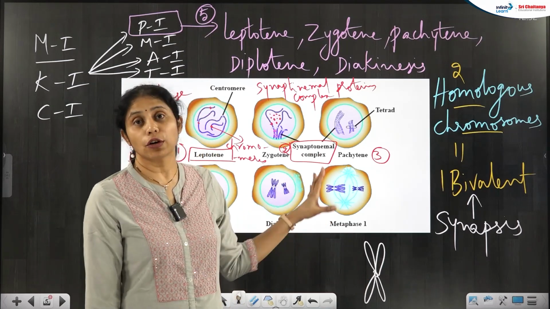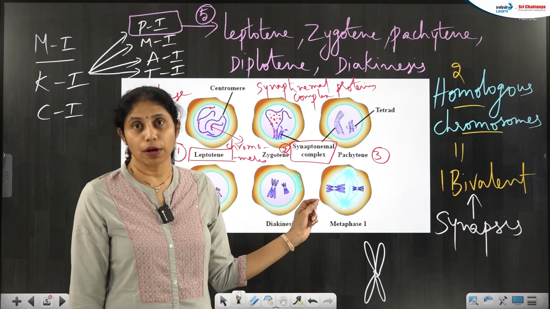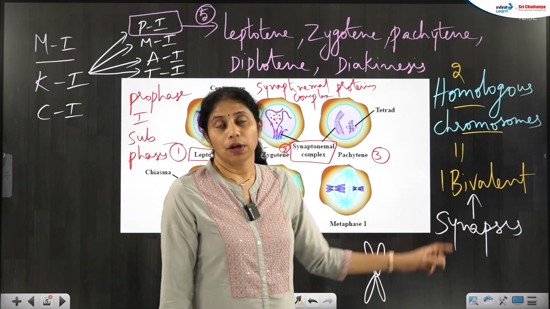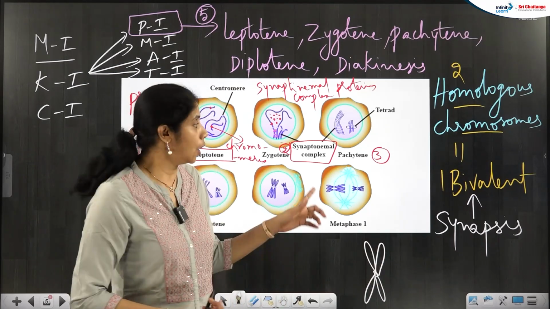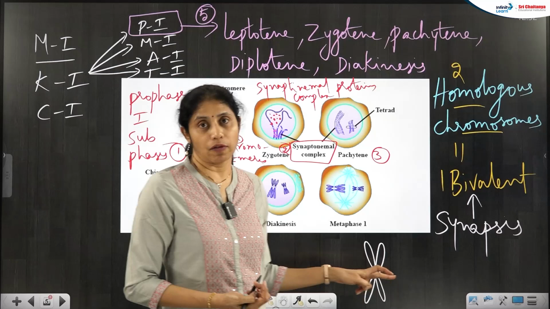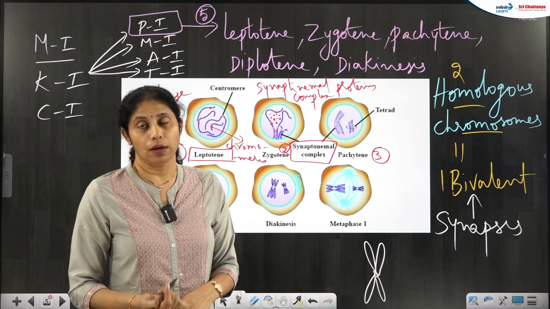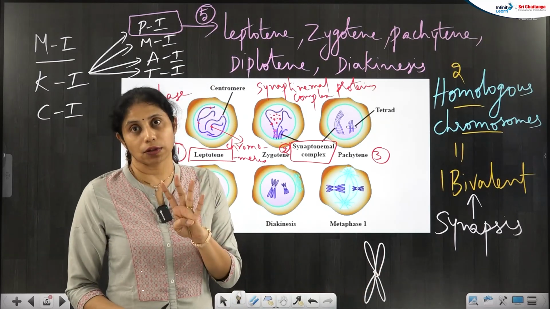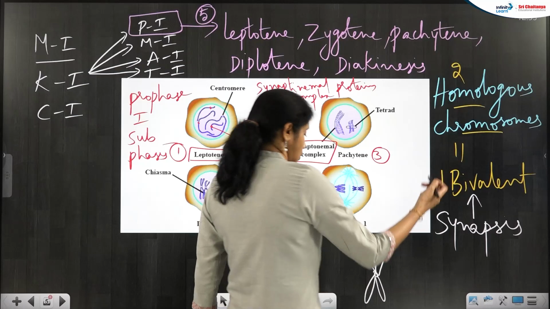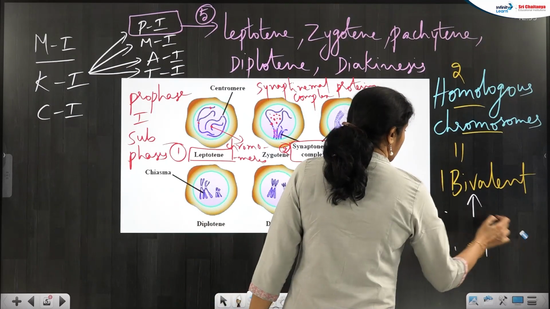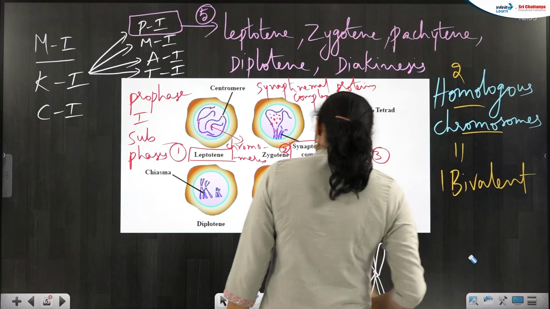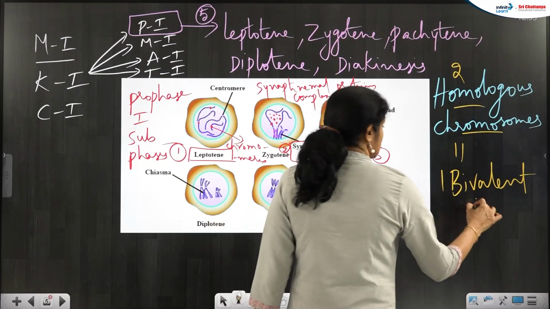Now those sister chromatids joined at the centromere are present in the bivalent. You know that one bivalent has two homologous chromosomes, and now each bivalent will have four sister chromatids. So one bivalent is equal to four chromatids.